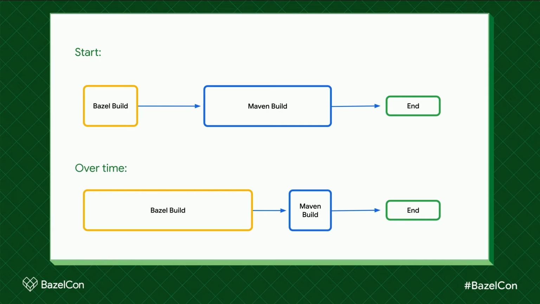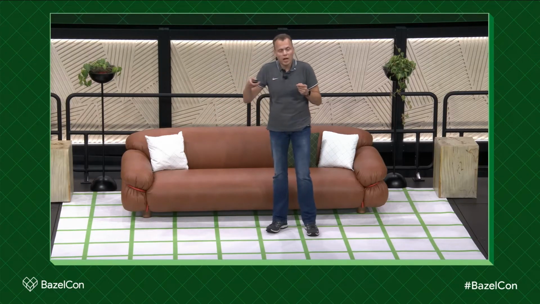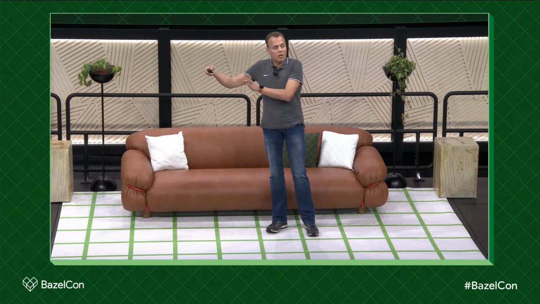In Maven, you make a dependency on an artifact ID, which is the name of the Bazel module on the file system, the Bazel package. And then we resolve it from the Bazel output directory. And over time, we would just increase the Bazel build till eventually there's nothing left to be built in Maven.